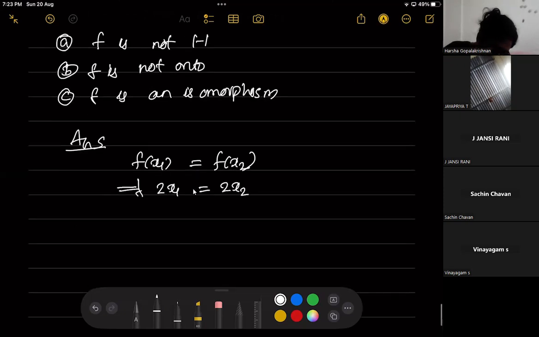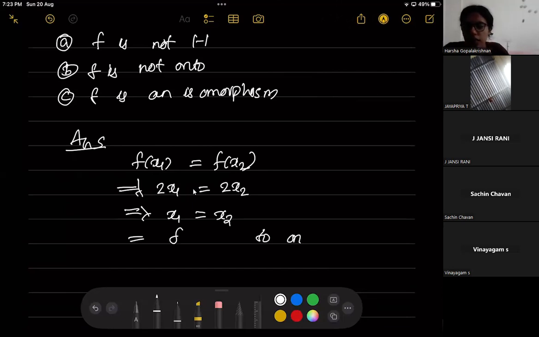This implies x1 equal to x2. Okay. So f is 1-1. We start with f of x1 equal to f of x2 and end in x1 equal to x2. So f is a 1-to-1 map. So this is very simple to check that f is 1-1.